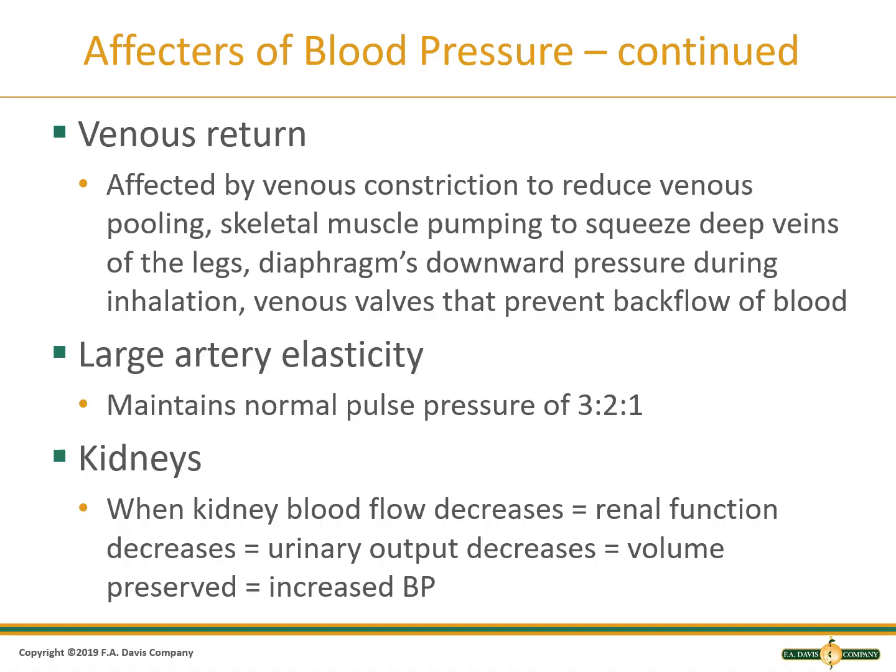When that occurs, the kidneys will be sacrificed, and when the kidneys don't get their fair share of blood flow, their function will decline, and that decline leads to decreased urinary output, with the patient holding on to volume, holding on to water, and that increase in volume leads to an increase in blood pressure. Okay, now I'm going to switch slides, and we're going to talk about the renin-angiotensin-aldosterone mechanism.